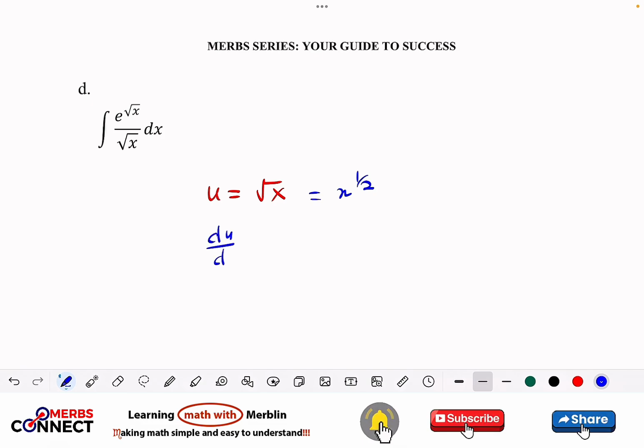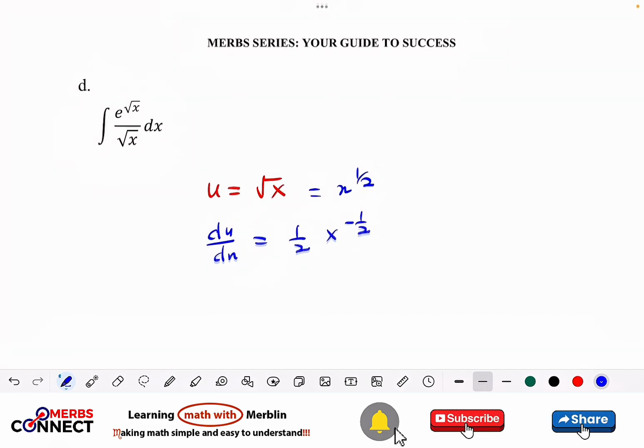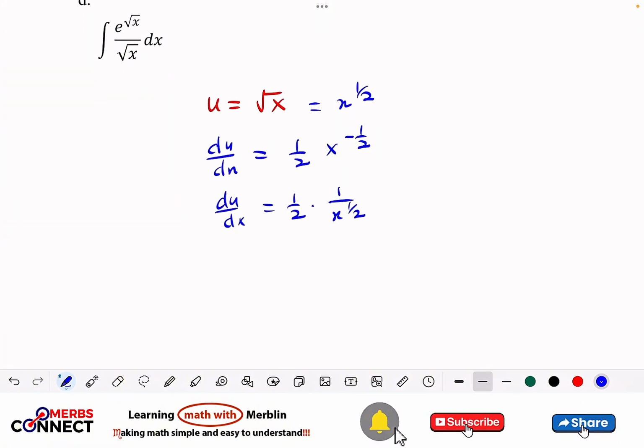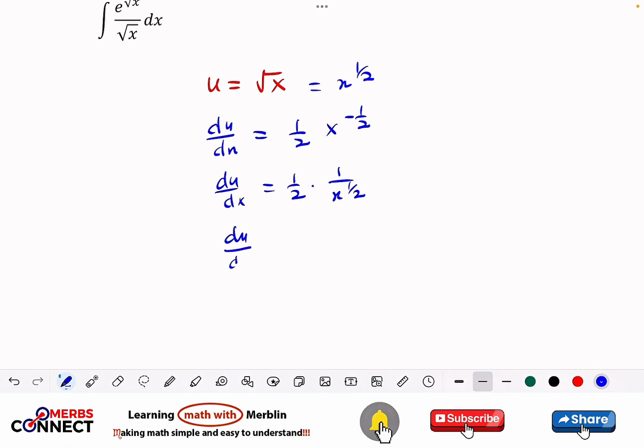So du over dx is going to be 1 over 2 x to the power minus 1 over 2. Let's try and simplify this. du over dx will be equal to 1 over 2 times 1 over x to the power 1 over 2. And this is the same as 1 over 2 times 1 over square root of this.